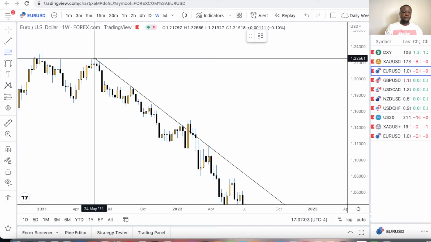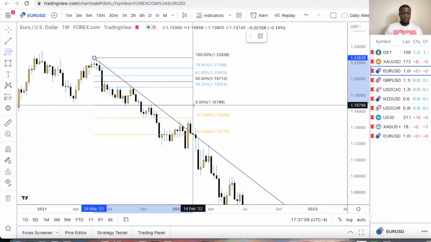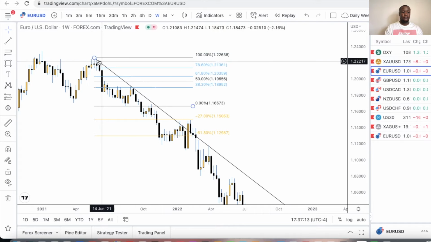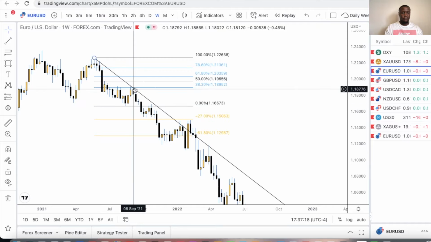You just want to look for big moves using your Fibonacci. So there's the decline, there's a pullback at a 32. You can enter short at a 32.